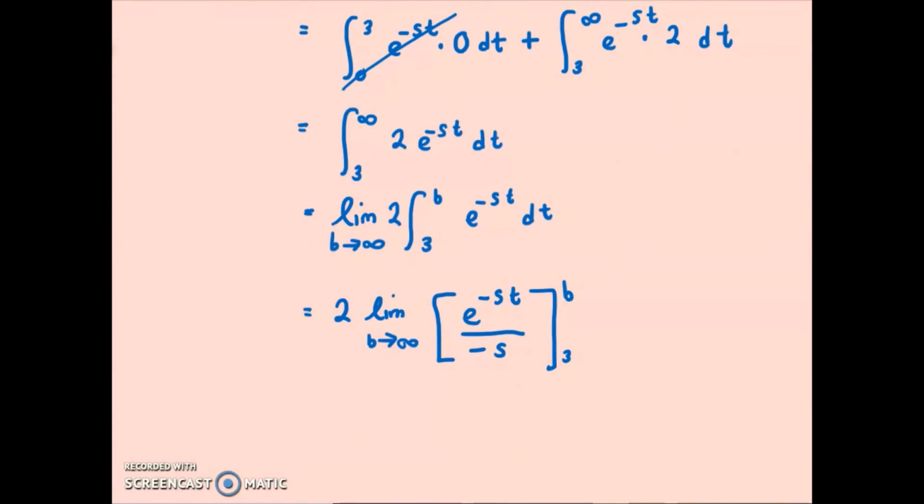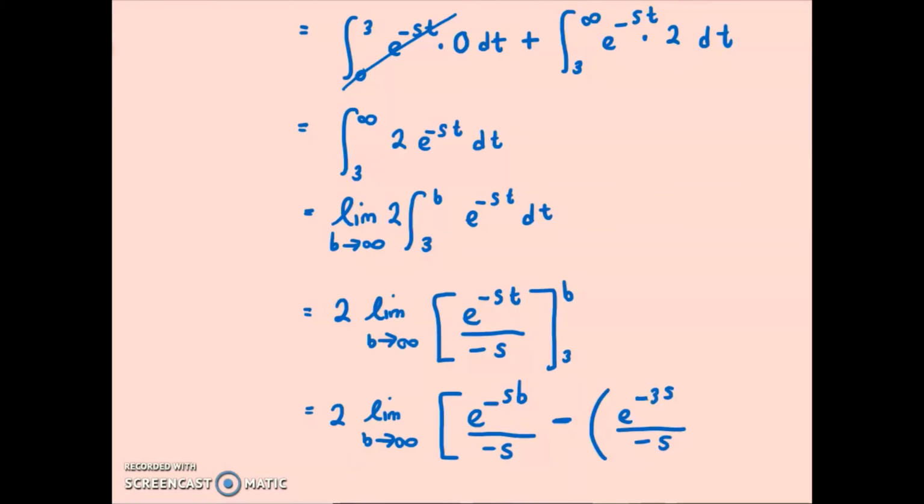Okay, so I have 2 times the limit as b approaches infinity of e^(-sb) minus, when t is 3, e^(-3s), this is a bad way to write it, 3s instead, over negative s.